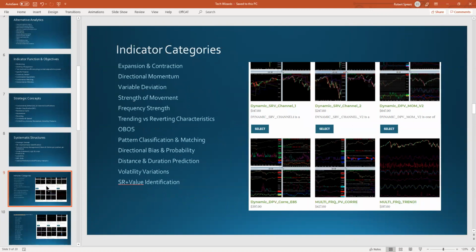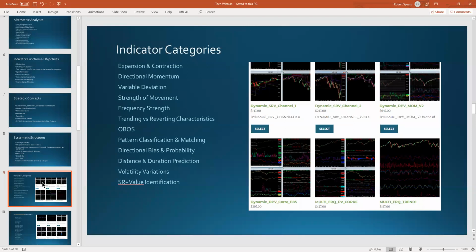So here are some indicator categories that we list on our site. Expansion, contraction. Again, this applies across every form of analysis, right? It's not just price. It's not just volume. It can be cyclic movements. Then directional momentum, again splitting. Pressure momentum: some factors that support positive movement or support downward movement.